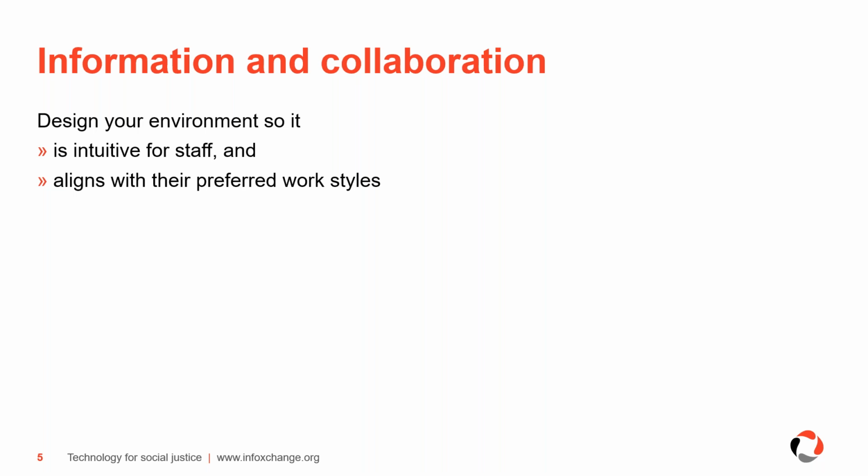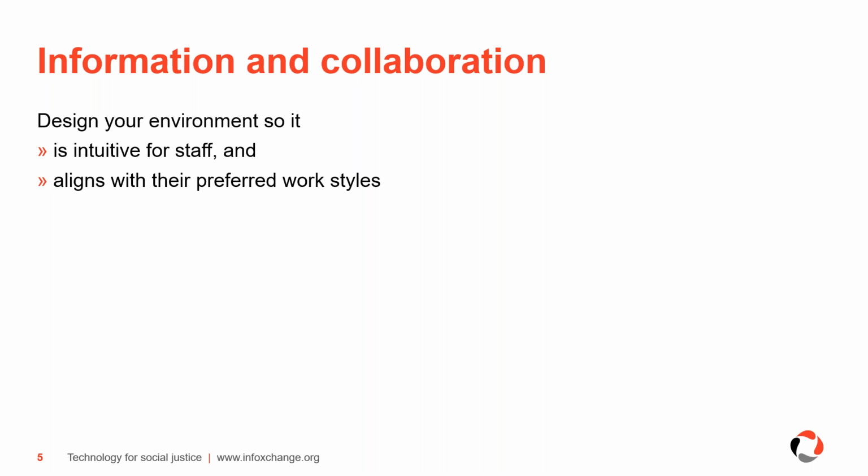But that can be bad because if you turn everything on or encourage everyone to use everything, it's really easy for staff to get confused. And once they start to get confused, they will start not to understand where to save information, how to collaborate effectively, and where to store things in the right place.